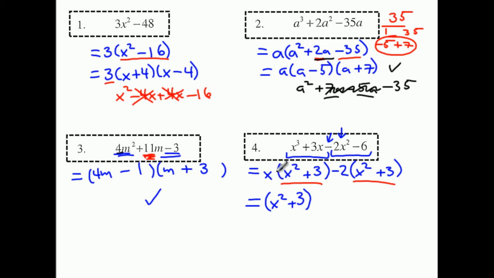And then that leaves us with this one left behind, so x, and this one is left behind as well, so negative 2. Now if I distribute this x squared plus 3 back in to each of these terms, I would get back the original expression. And then it doesn't look like we can go any further with that, so that's good. And then it'd probably be a good idea to FOIL this, so just check that you get back the original question, and you should. So that one is correct.